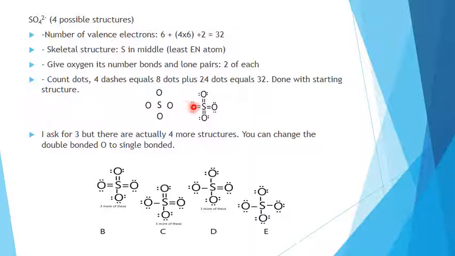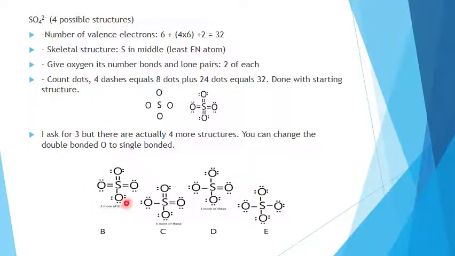So you can move one of those and get this situation right here. One of the oxygens could have that done, 2 of the oxygens can have that done, 3 of the oxygens can have that done, and all 4 of them. And there are 5 structures. I'll call these A, B, C, D, and E.